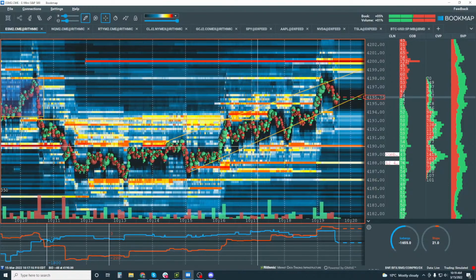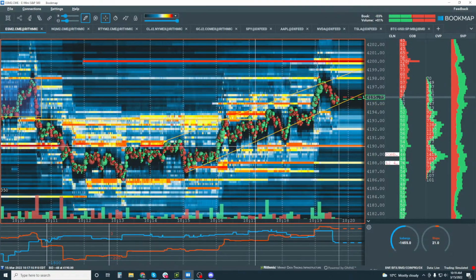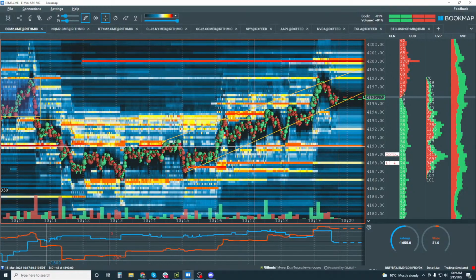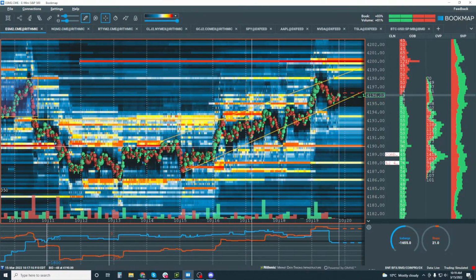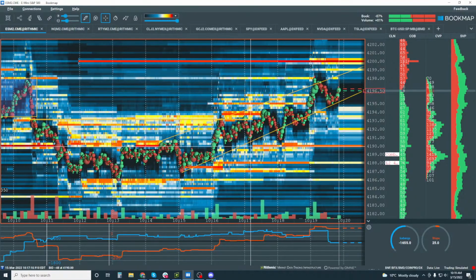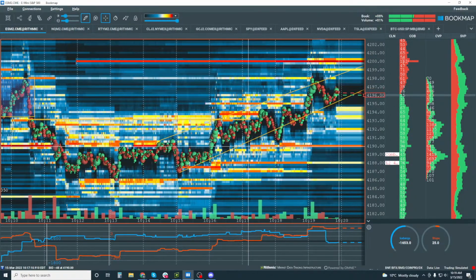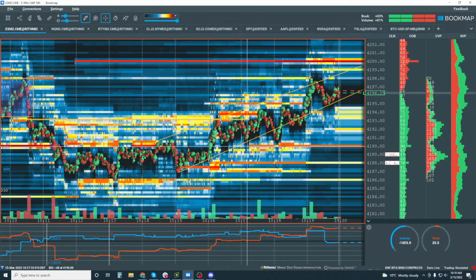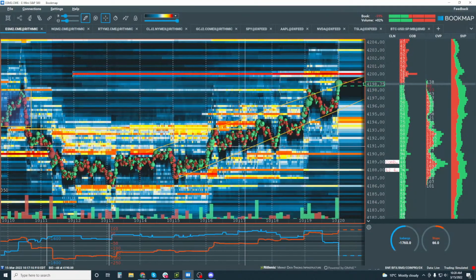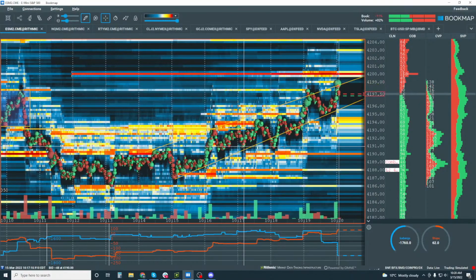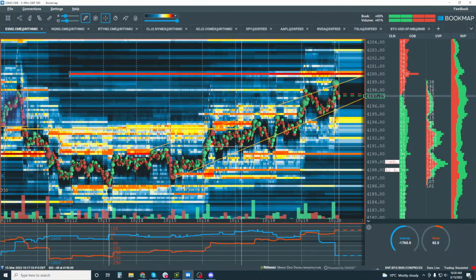This is what's important, is to have, from your studies, some sort of idea of where price might be going next, based on, in this case, we're using market structure, and we're using where that volume is transacting within that structure, and the reaction to supply and demand in the order book.